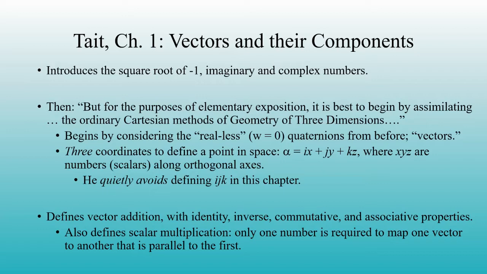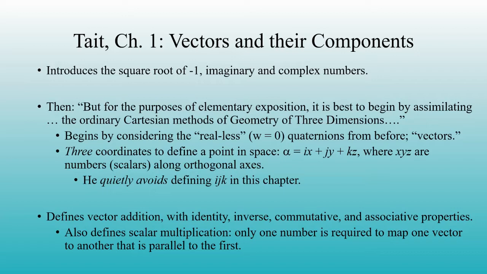Here, the vector alpha equals ix plus jy plus kz, where x, y, and z refer to numbers along 3 axes that don't have to be orthogonal, but usually are. Tait uses italic Roman lowercase letters to represent scalars, and will later use non-italic Roman lowercase letters for general quaternions.